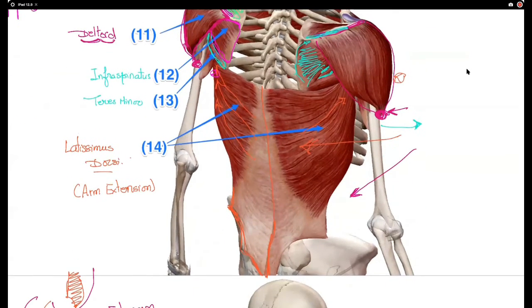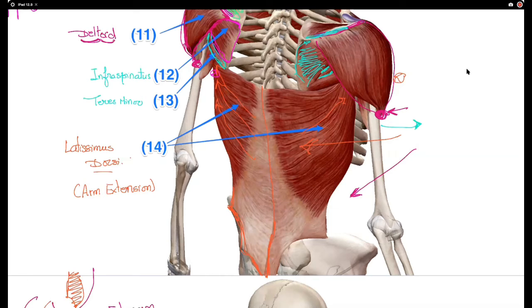Looking down in the back, we can see here a large muscle that gets its origin from the lower thoracic, lumbar, sacrum vertebrae, coccyx bone, I'm sorry, coxal bone, and the muscle fibers are going to be traveling up and forward to be inserted in the anterior aspect of the humerus.